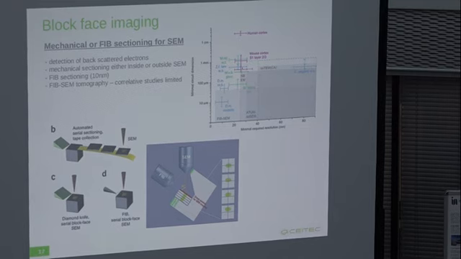The advantage, or maybe advantage, of using FIB for slicing is that you can make much thinner slices. You can, for instance, do 10 nanometer slicing and obtain the Z information a bit more precisely than with mechanical slicing.